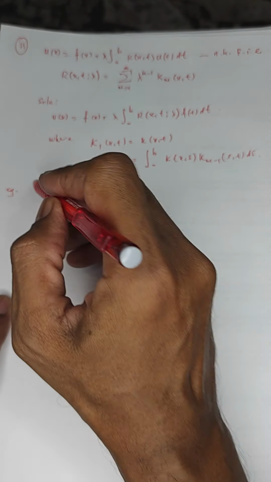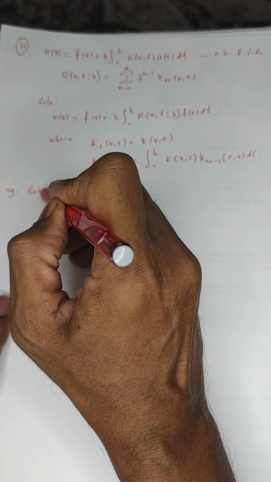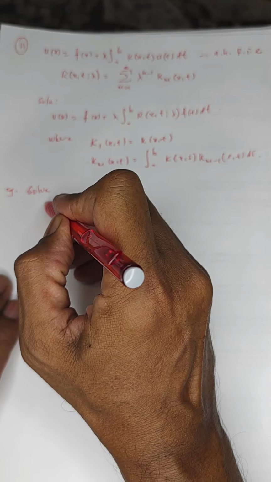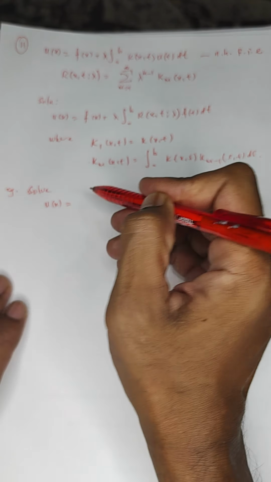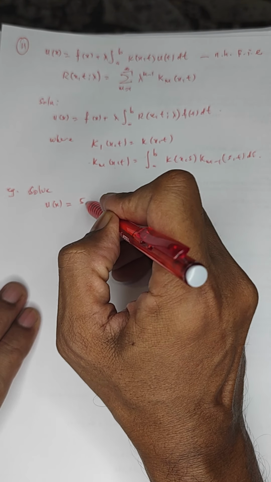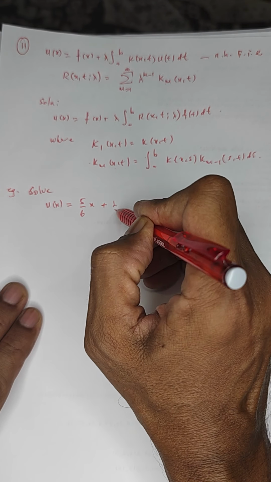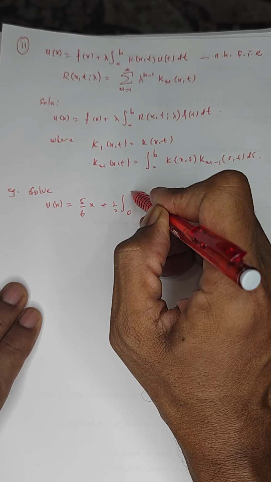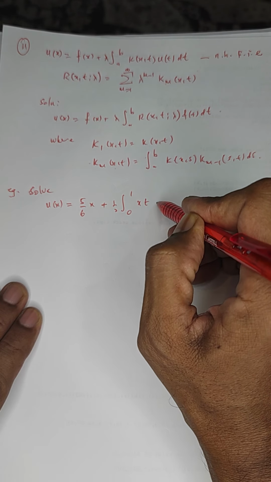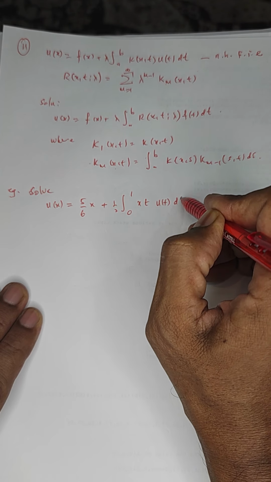Okay, let's say we are given the non-homogeneous Fredholm integral equation u(x) equals 5/6 x plus half the integral from 0 to 1 of xt u(t) dt.